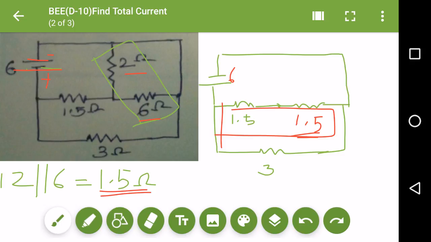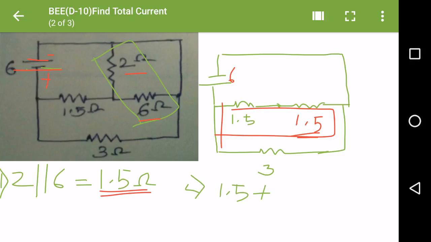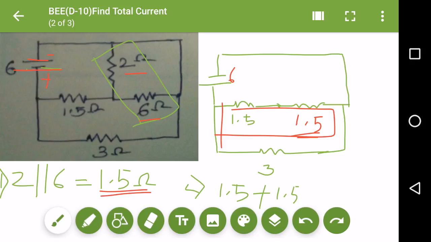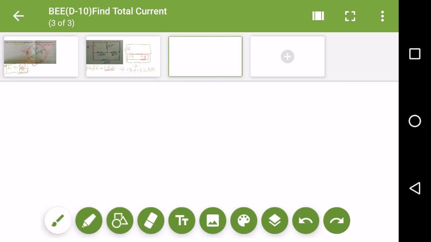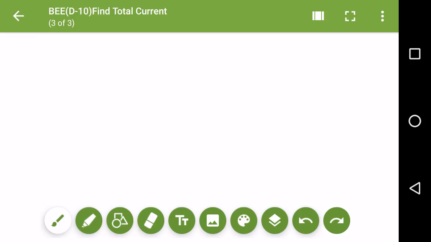This was my step 1, and now this is my step 2: 1.5 ohm resistance plus 1.5 ohm resistance gives me 3 ohm resistance. So this is my step 2, and I will again redraw the circuit. It's time consuming, but you need to do it, because the examiner will check that all steps are covered properly.